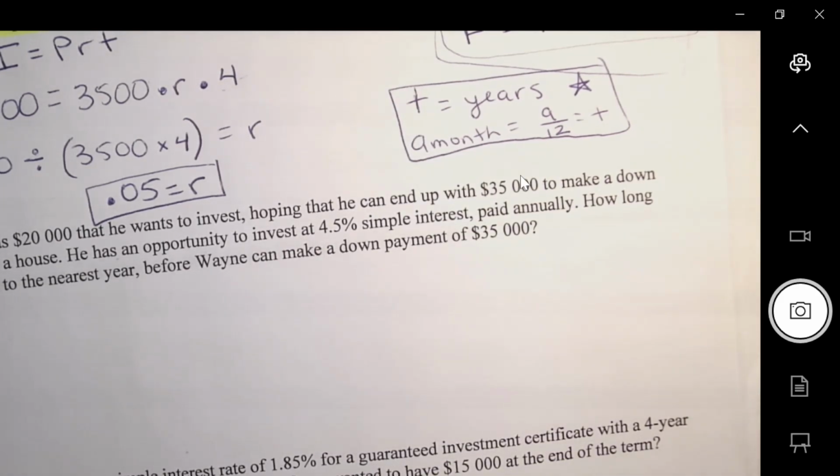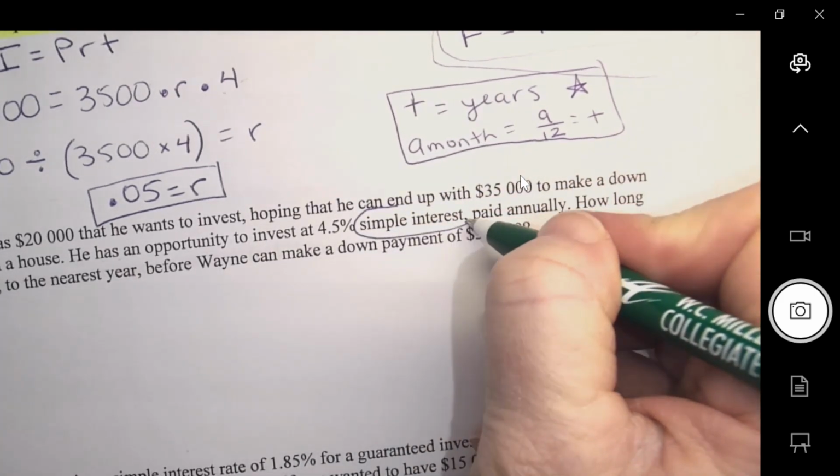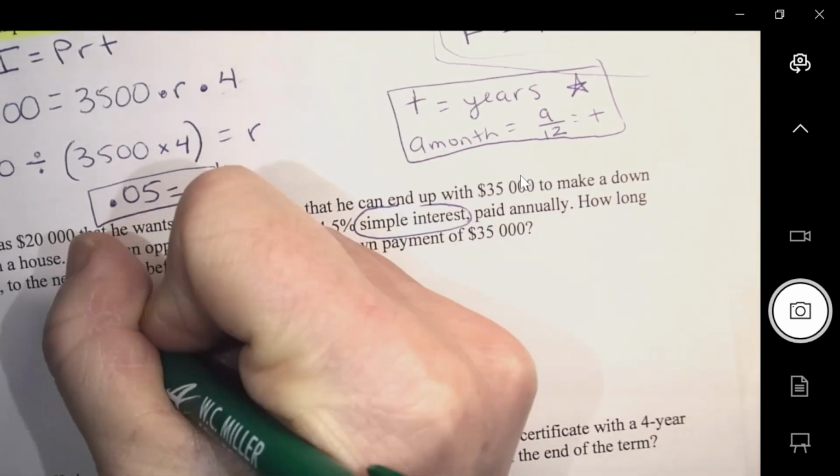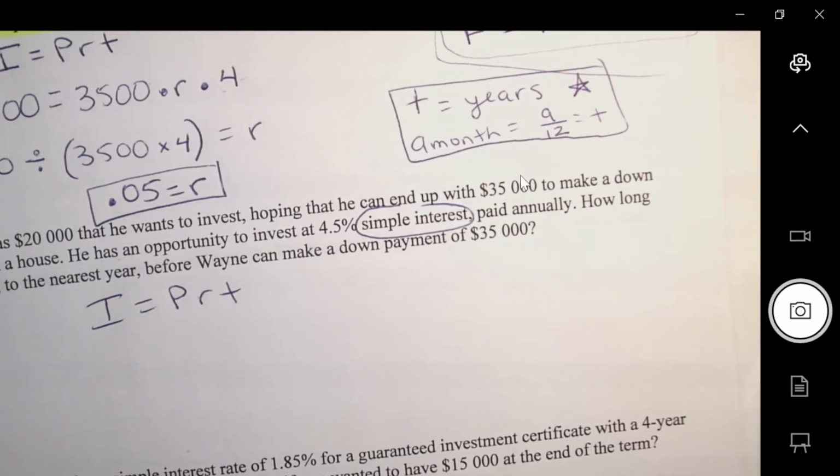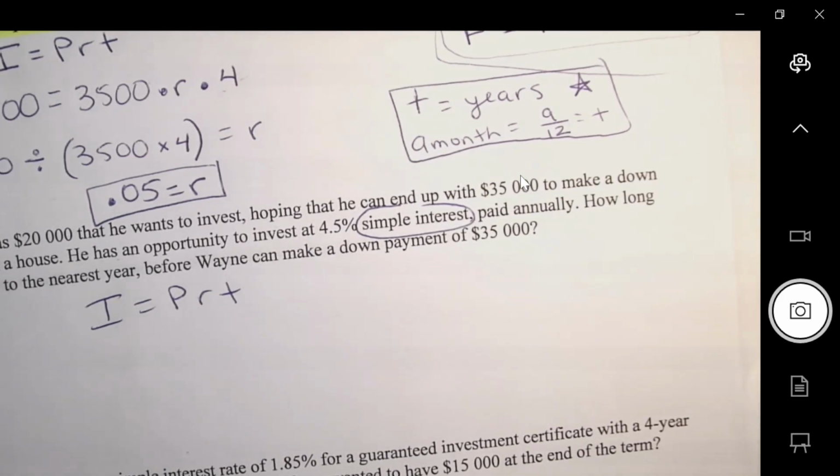Is it simple, compound, or the app? Simple. As soon as I read simple interest, I'm immediately writing I equals PRT down. As soon as I read simple interest, just write that formula down. Then go back and plug in things.